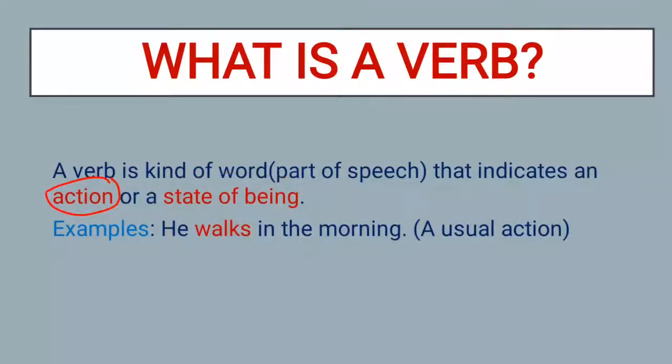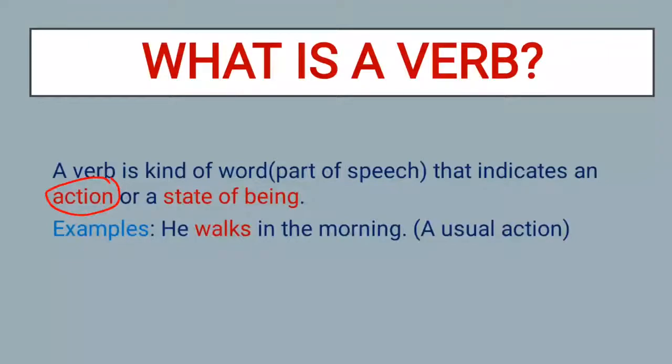Action here refers to the work done or being done by the noun, or you can say action means activity. For example, sing, talk, go, come, sleep, eat. These are all action words, and there are thousands of such words which help us to understand the sentence effectively.